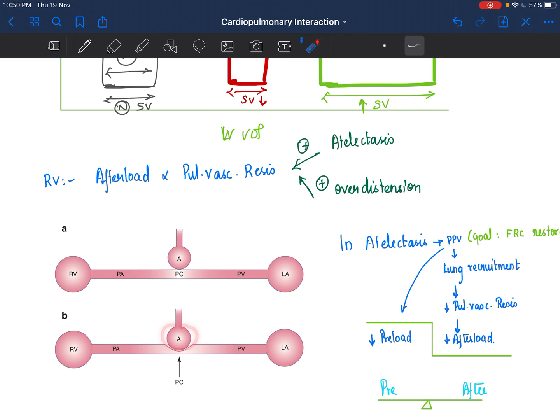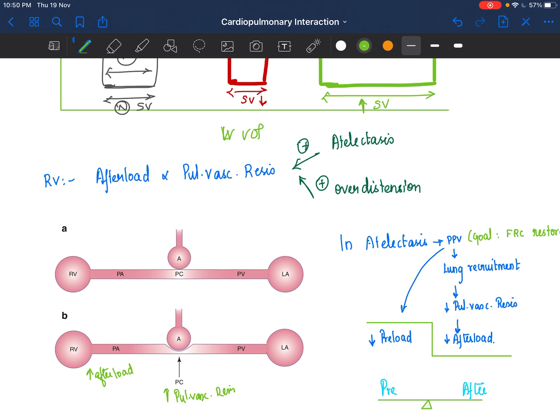This distension is going to compress your pulmonary vessels, right? If you compress the pulmonary vessels, you are increasing your pulmonary vascular resistance, correct? That means you are increasing the right ventricular afterload, and the right ventricle has to work hard to overcome this increase. Ultimately, your right ventricular stroke volume reduces. Am I right?